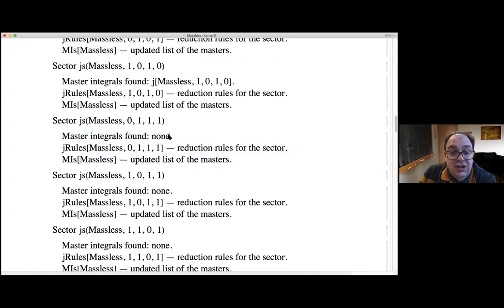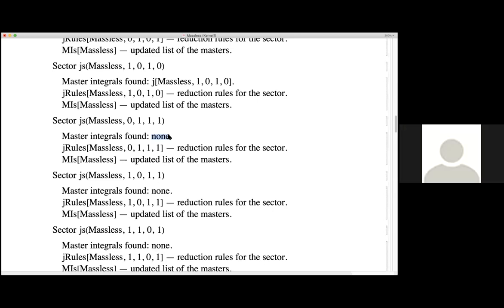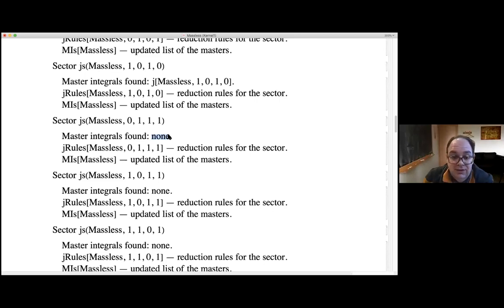If you run this machinery, it tells you that there is no master. Well, this would be a 3-point function with one massive leg and 2 massless legs. So it would be like what you get as a 1-loop diagram where you have a massive particle decaying into 2 massless ones with all propagators massless. That would be the kind of diagram.